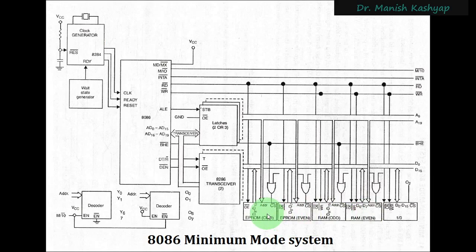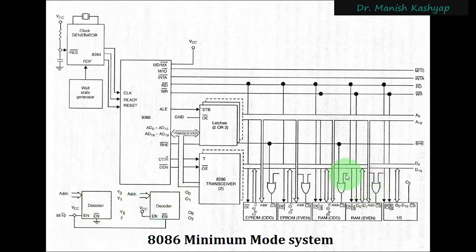We will study in a while how those chip select signals are generated, and accordingly the appropriate address lines will be used. Not the complete A0 to A19 lines will be used for every chip, but they are connected to every chip. It will all depend upon the chip select signal, which you see here as CS bar, and inside the chip select signal there is an empty wire that you have here. This empty wire will be used with this particular logic, so I will discuss that in a while.